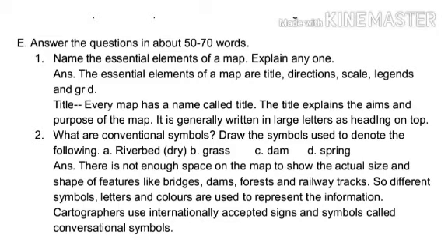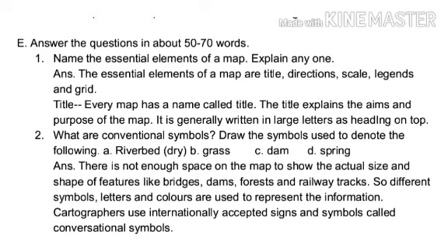Second, what are conventional symbols? Draw the symbols used to denote the following: A. riverbed, dry; B. grass; C. dam; D. spring. Answer: there is not enough space on the map to show the actual size and shape of features like bridges, dams, forests, and railway tracks.